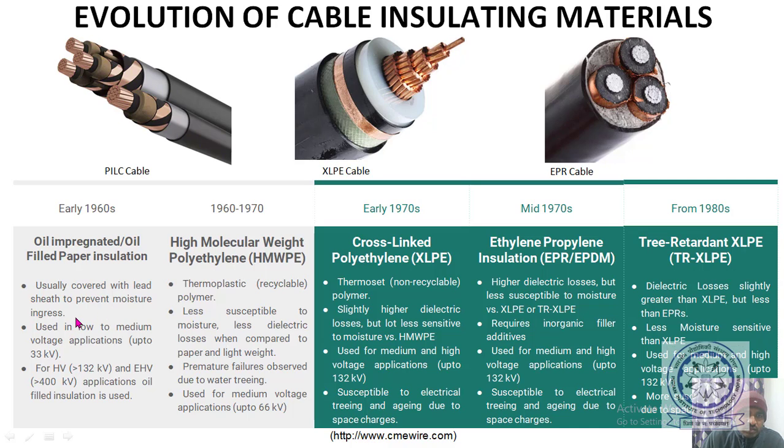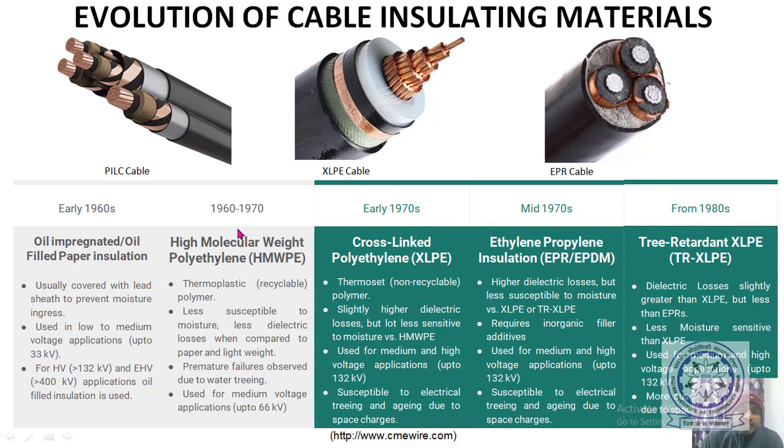After insulation, the lead sheath covers the cable, and it was used in low to medium voltage applications up to 33 kV for oil impregnated paper. And oil filled can be used for high field application, extra high voltage up to 800 kilovolts. The oil filled cable has been developed and is in use.